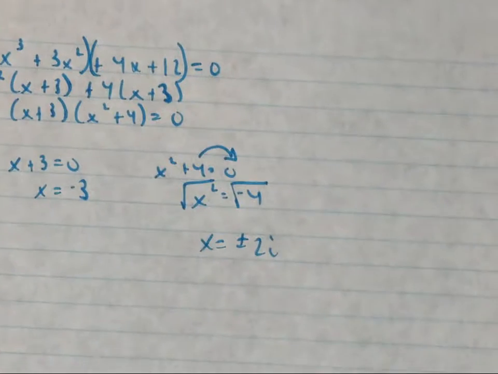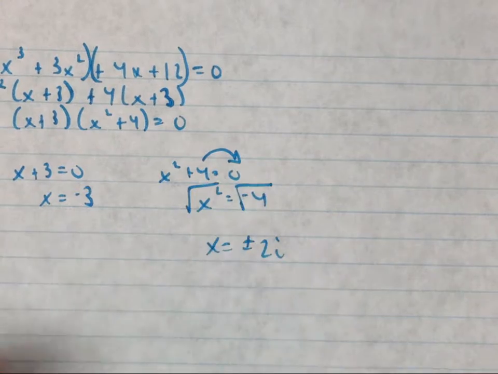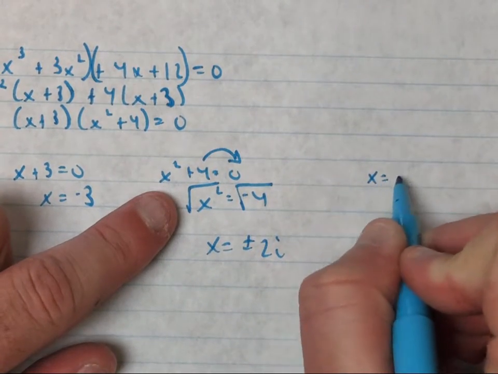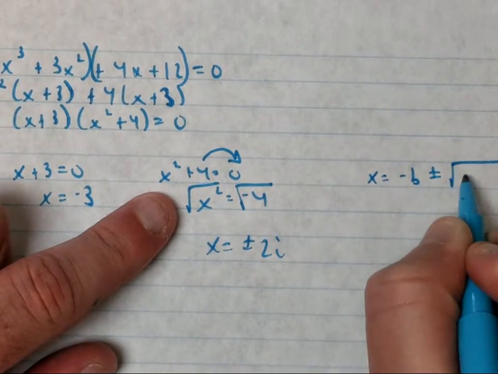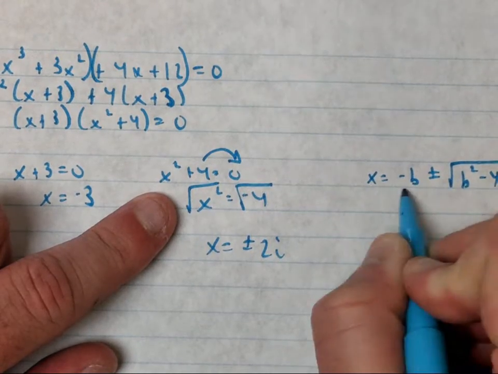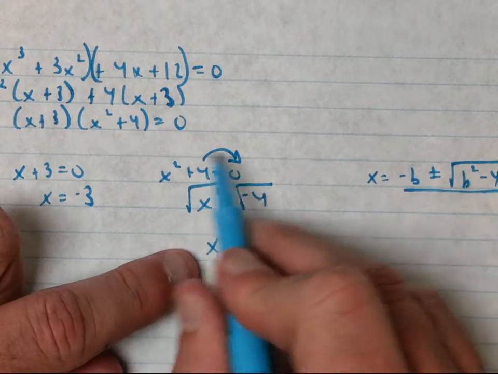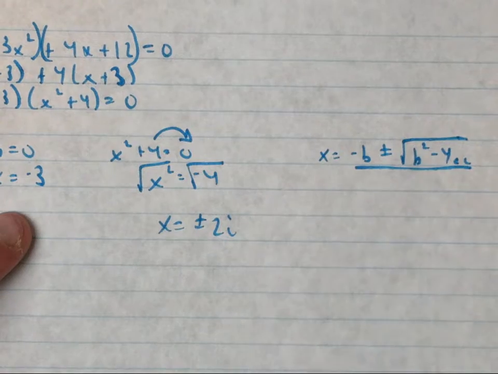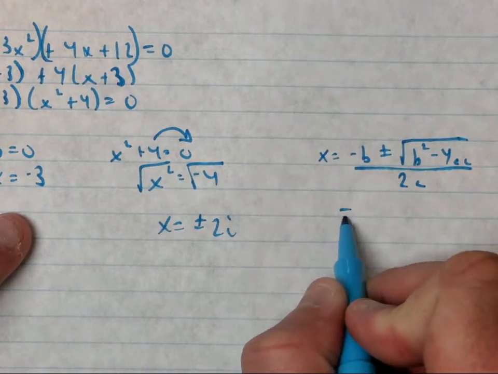And I can show you, since this cannot be factored, you could do the quadratic formula. If you don't know when to do this little shortcut, just do the quadratic formula if you cannot factor, and you get the answer correct each time.